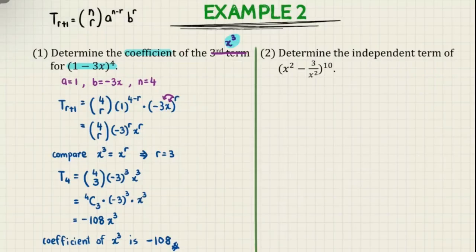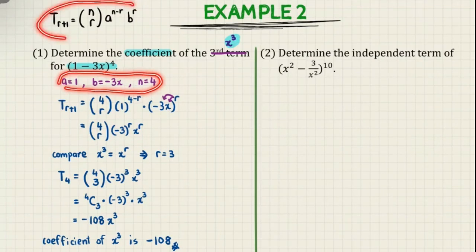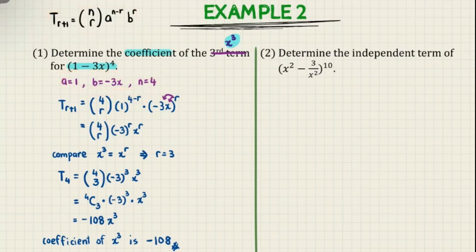Yes. Macam mana tu x cube sama dengan x kuasa R? Okay. So first of all tadi kita akan masukkan all this information yang kita ada, A, B dengan N dalam our general form untuk term. Okay. And then after substitute kita akan dapat the simplified formula lah. Okay. So sekarang ni our aim is to find the coefficient of x cube.